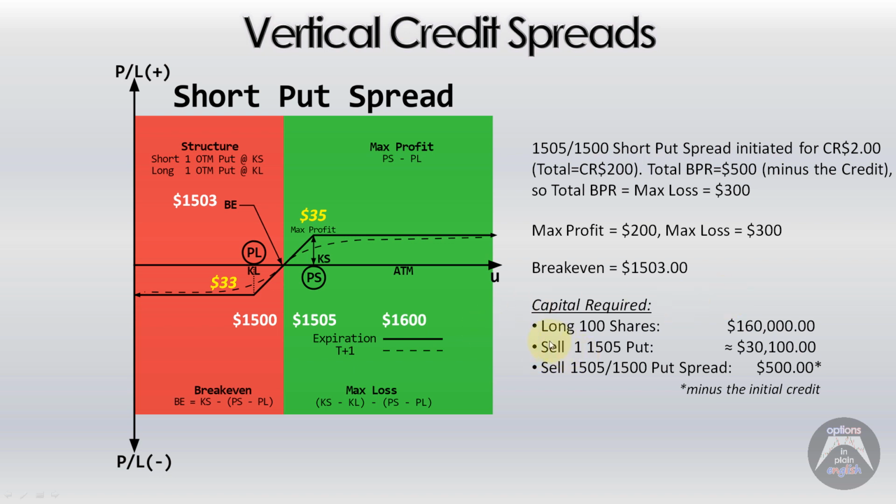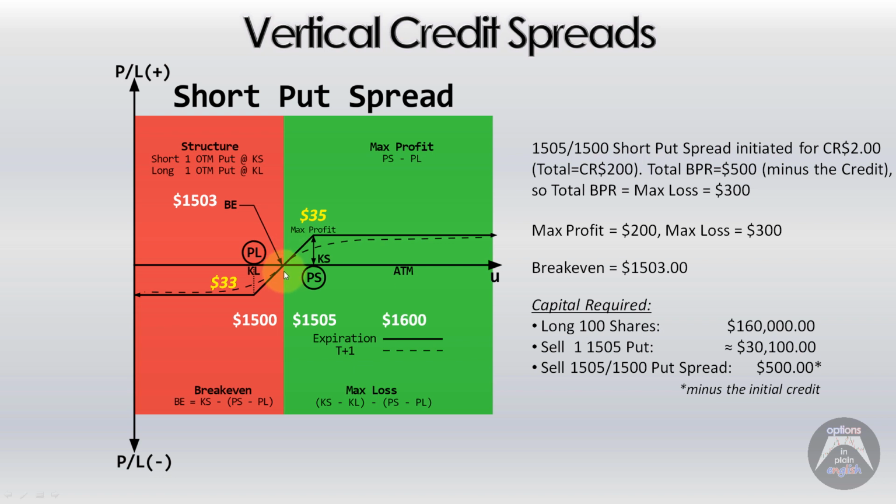If you only want to sell the 1505 put, if you have regular margin and not portfolio margin, you're going to need 20% of the put. Okay, so you're going to have a requirement of putting up approximately $30,000 to sell one put.